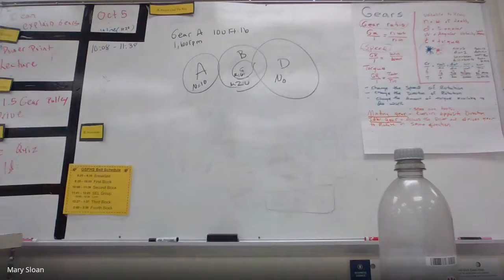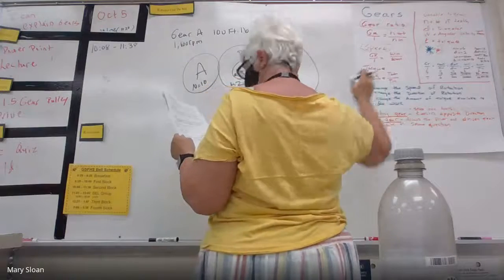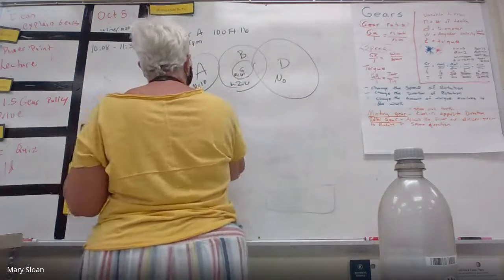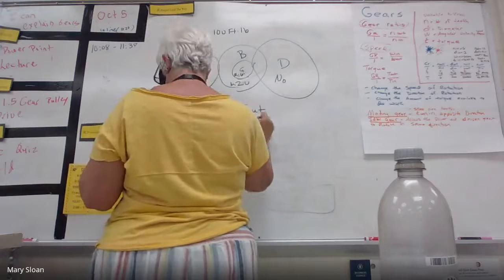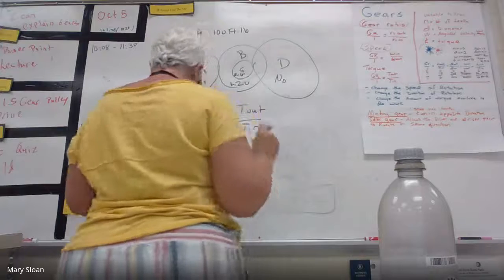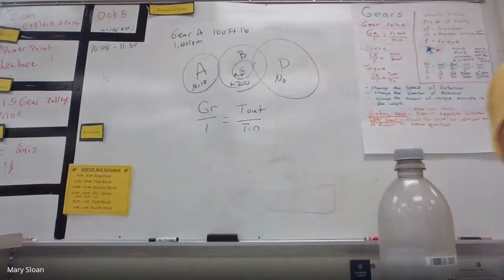Oh, yeah, gear ratio. Yep, but we are going to be using the torque. You are right, sir. So that's gear ratio over 1 equals torque out over torque in. Because it's telling us that the torque output was 500 pounds, and it's asking you for the gear ratio of that.